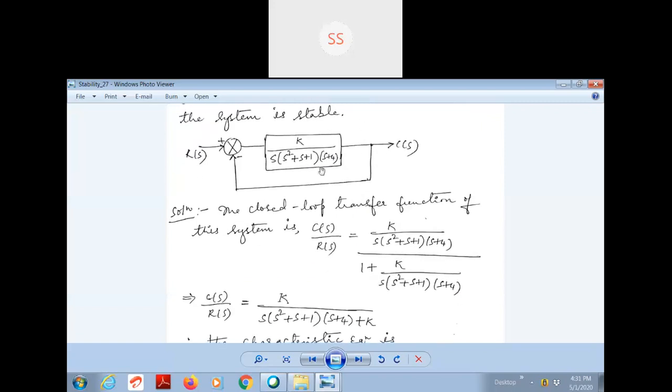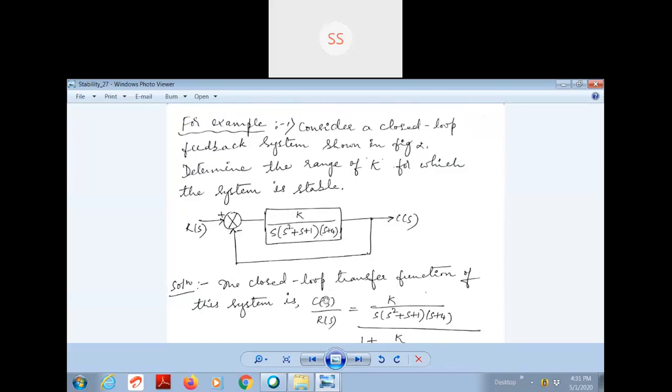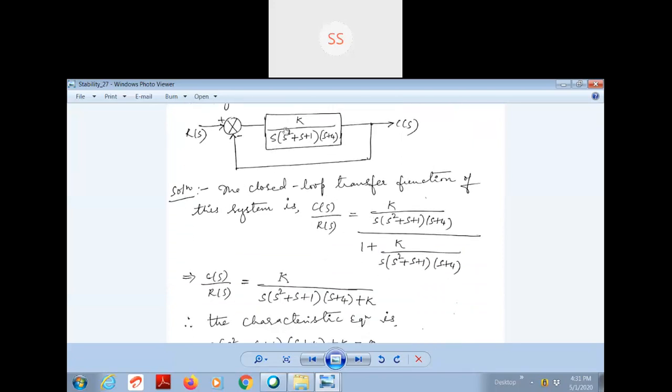Okay, so the procedure of writing C(s)/R(s), that is the closed loop transfer function, is as usual. So this is the G(s) term, which is the forward function, the open loop transfer function, and for this system H(s) is 1.